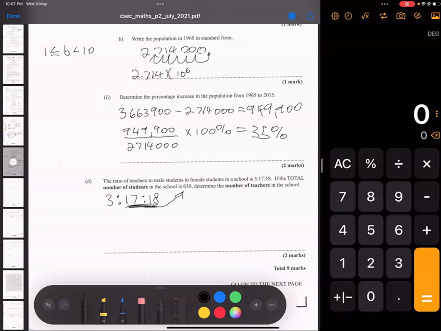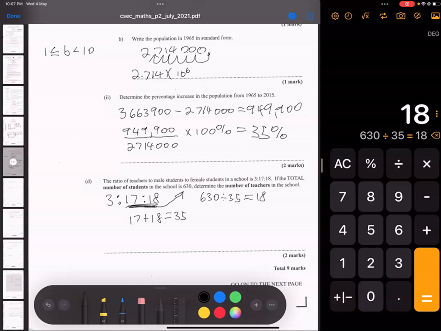So to find the number of teachers, what we'd simply do is add 17 plus 18, which would give us 35, and we then divide that total 630 by 35. Let's use a calculator to just save some time, which would then give us 18.